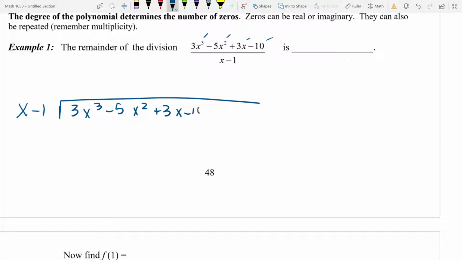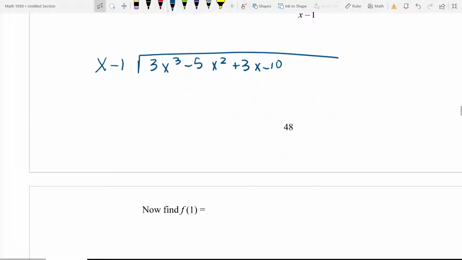So we're just going to write that down. And now I'm going to do long division, okay? What do I multiply by x to get 3x to the third? That would be 3x to the second. Now I'm going to distribute, and I get 3x to the third minus 3x to the second. Then I change my signs. First terms cancel.